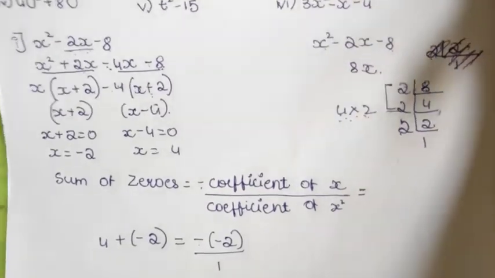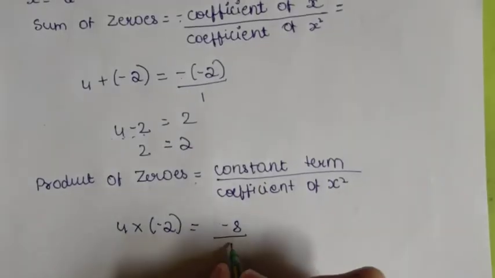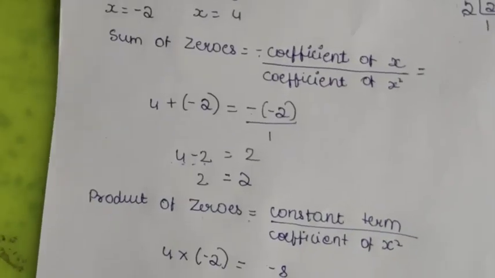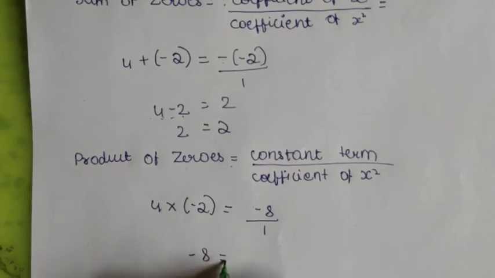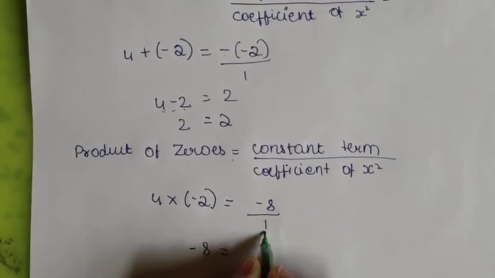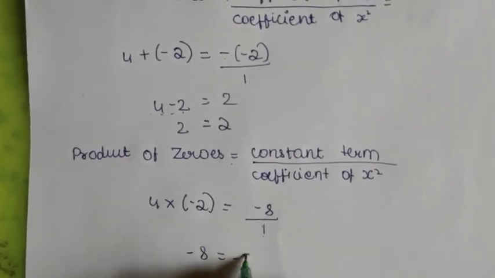Now 4 twos are 8, so minus 8, and minus 8 by 1 is nothing but minus 8.